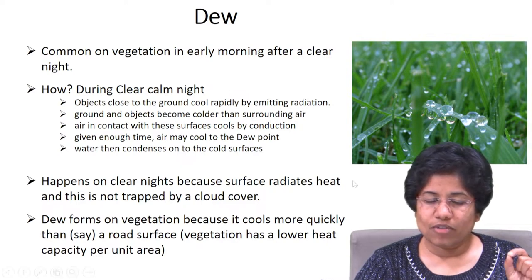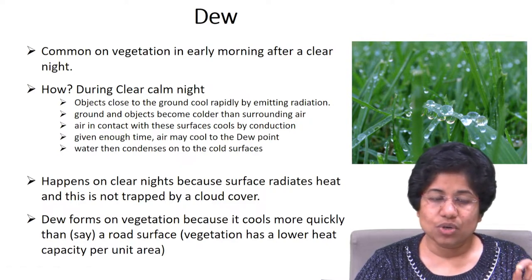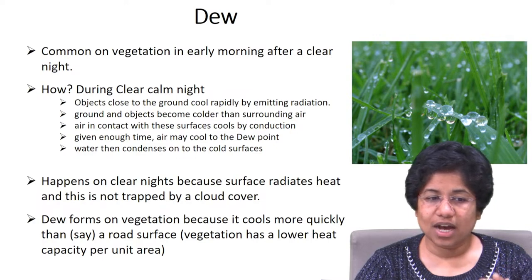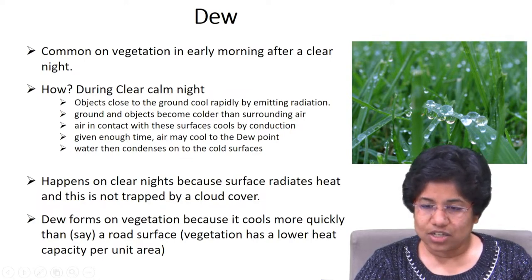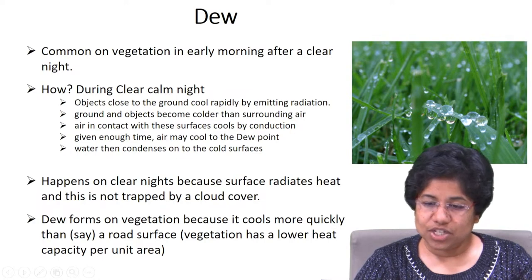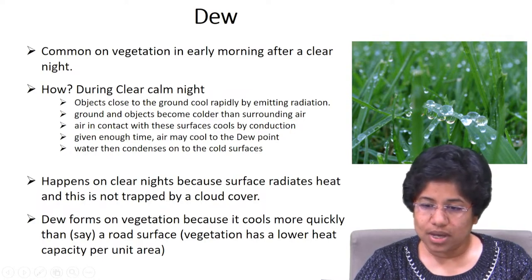Dew is very small water droplets that we usually see in the early morning hours on the vegetation. How does it form? During the winter nights, which are very clear and long, a lot of emission occurs and the surface gets cooled, right?